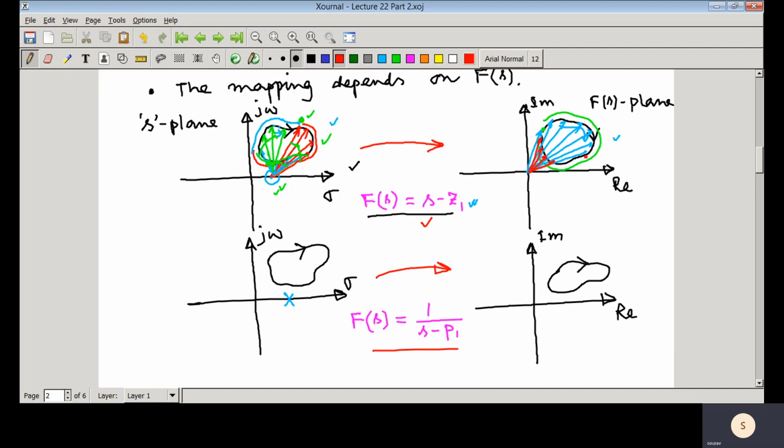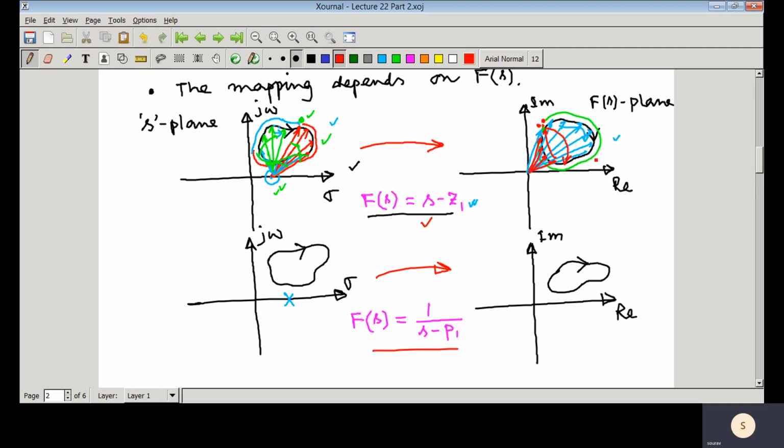So if you start from this point and come to this particular point, the total angle contribution would be, from here to here, the clockwise angle contribution. Conventionally, the clockwise contribution is negative, and from this point it again starts in the anti-clockwise direction, so that angle contribution would be positive.